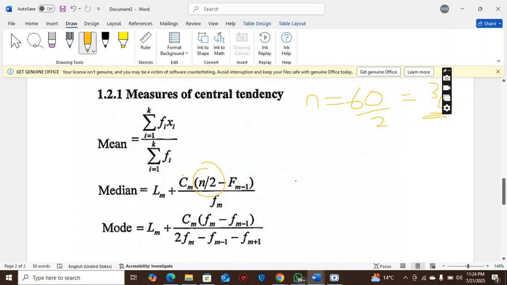So we come to the formula here. Please, on your paper, write this down. LM, what is LM? Because in the exam, it's coming like this. So if you forget what is what, you are gone. CM.